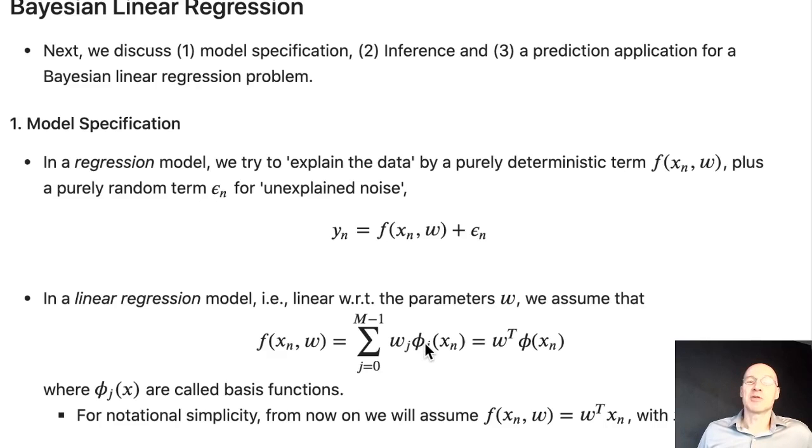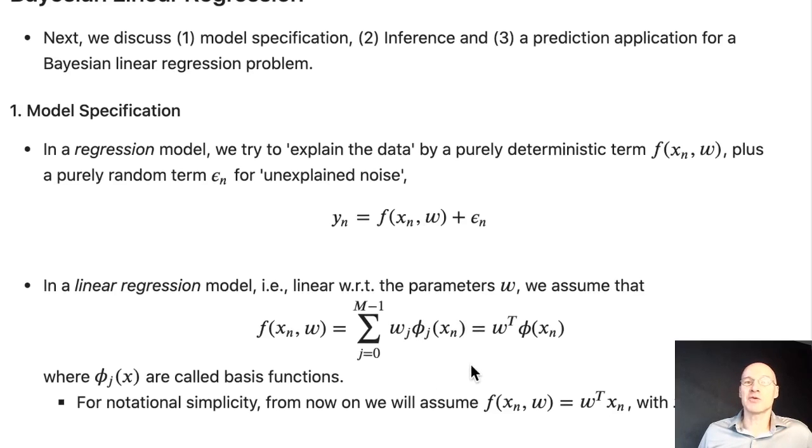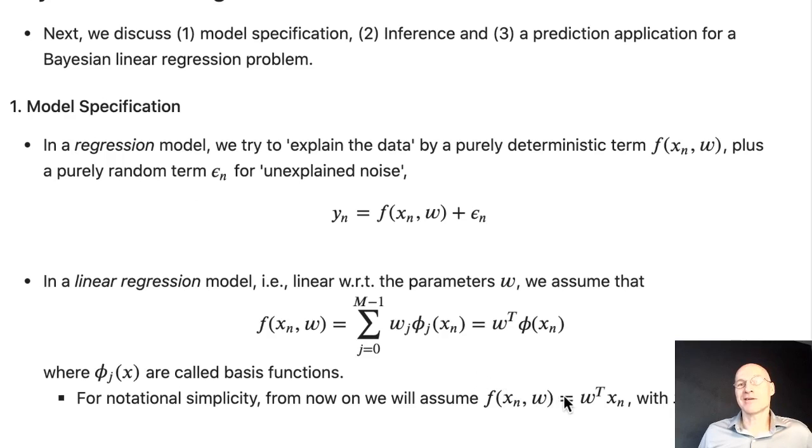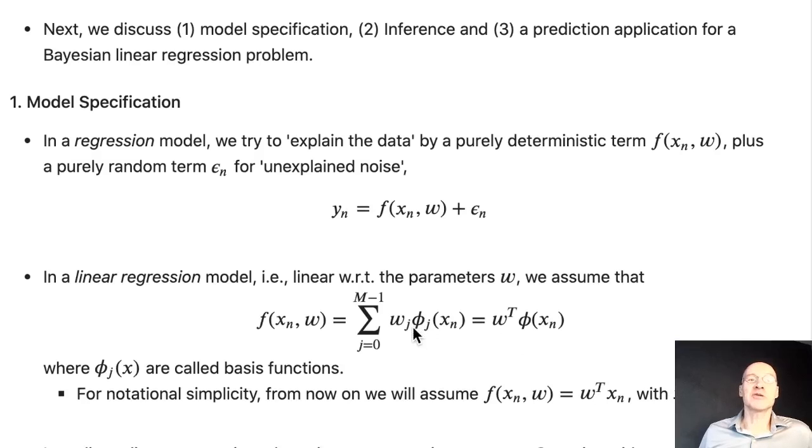But just for simplicity, because I don't want to keep writing this all the time, I'm going to assume now that we do really linear regression and also linear in x. So x of n is its own feature set, and x of n is going to be m-dimensional. Okay, so now we have linear regression.